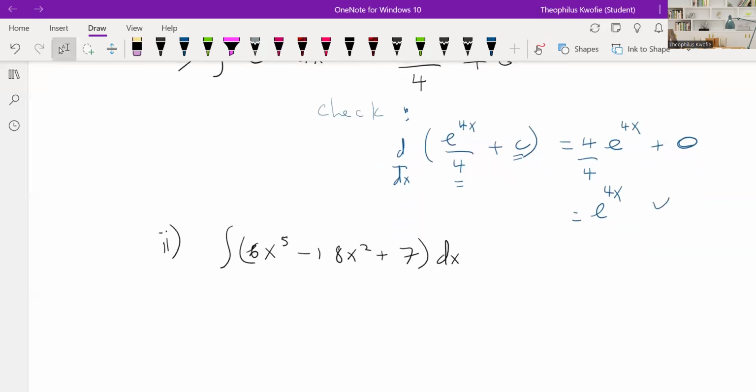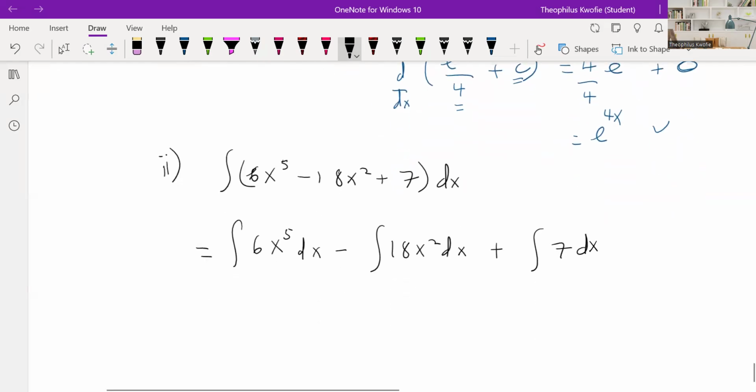Now, which law can we use to do this? According to the linearity property, we can distribute.